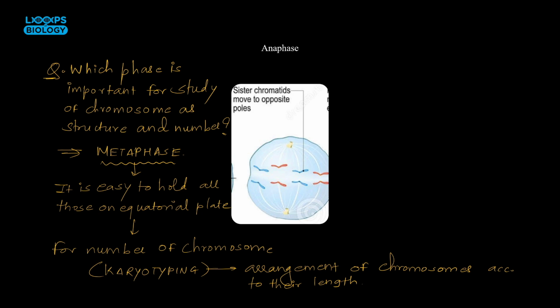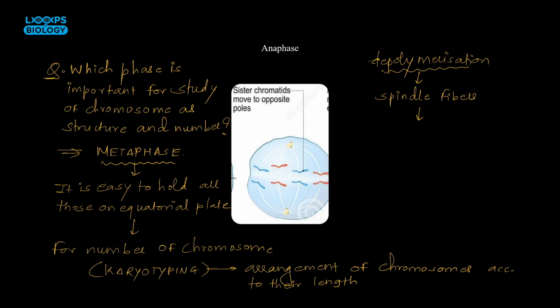Alright. Now, after the metaphase is completed, the anaphase starts. As the spindle fibers are attached to the kinetochore, they create a pulling force. This pulling force is basically because of depolymerization of the spindle fiber. If you are pulling something, you are basically shortening that length.